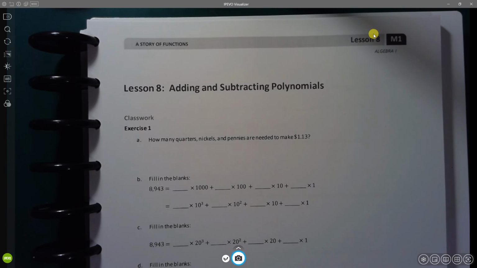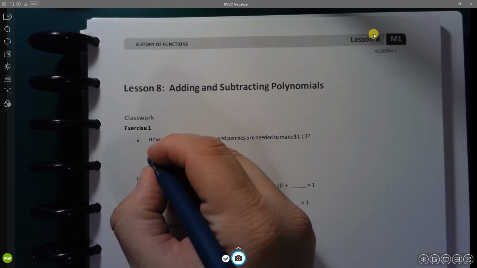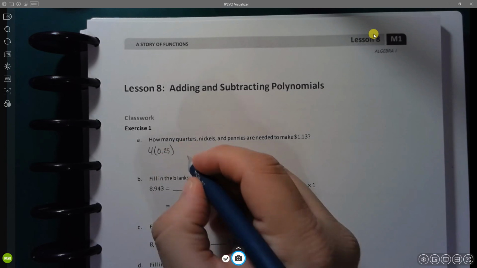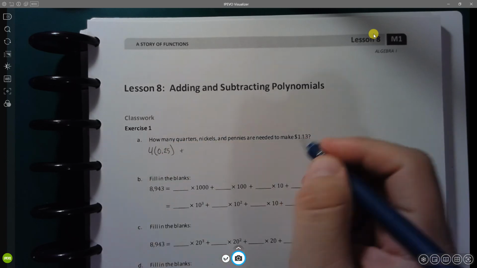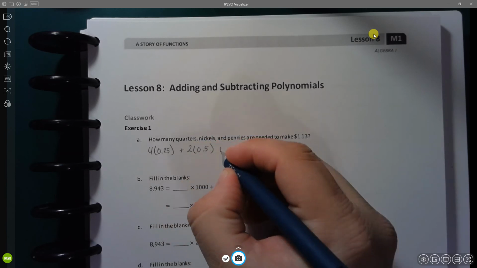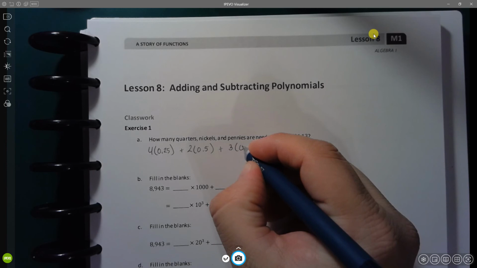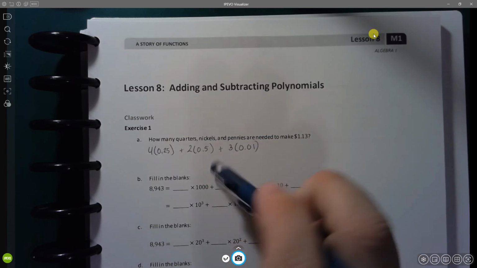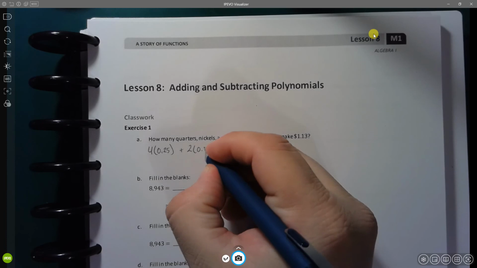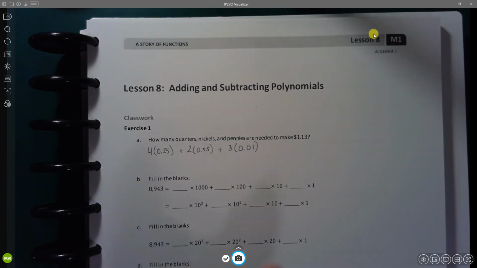See, to me, I'm thinking I need 4 quarters plus 2 nickels plus 3 pennies. And that's 50 cents and not a nickel. That would be $1.13.